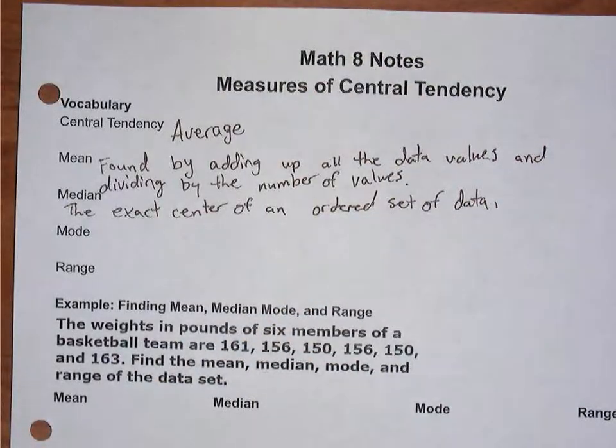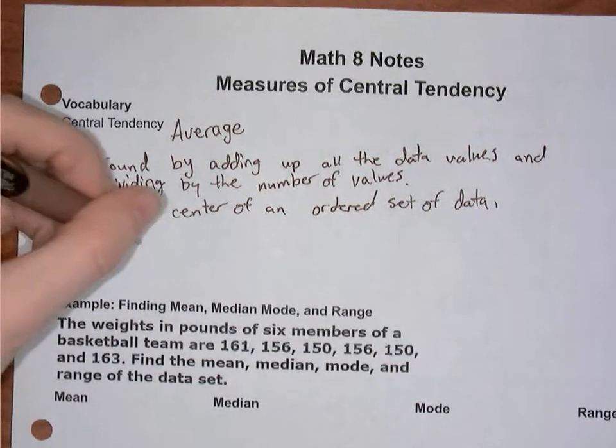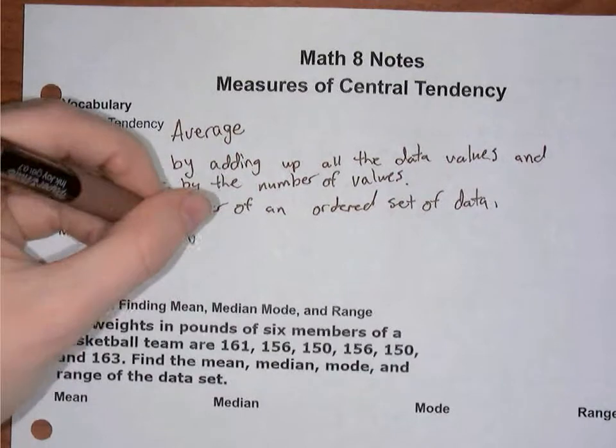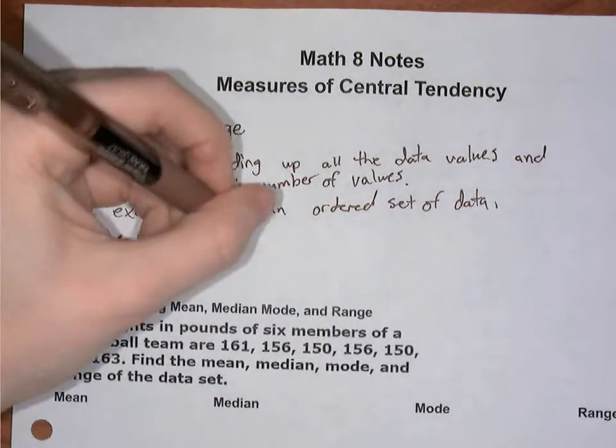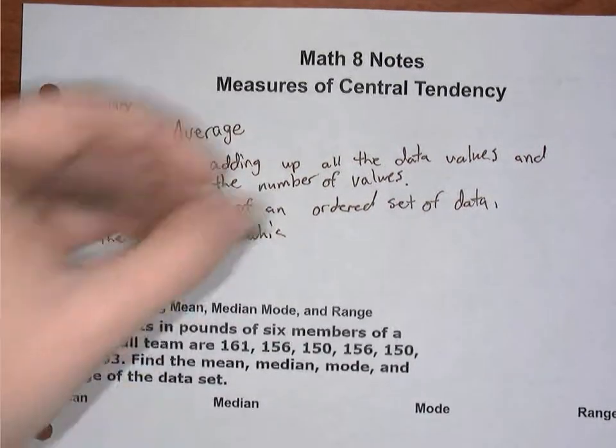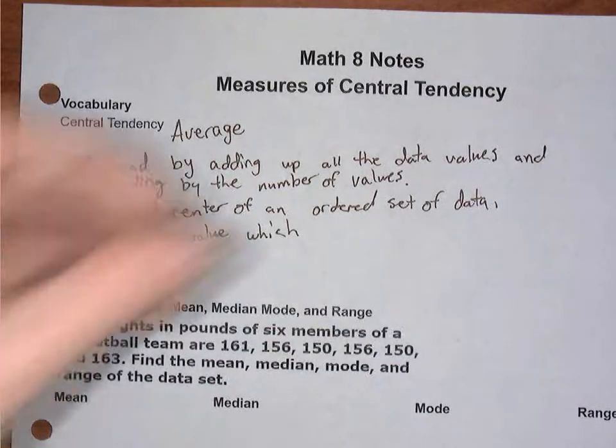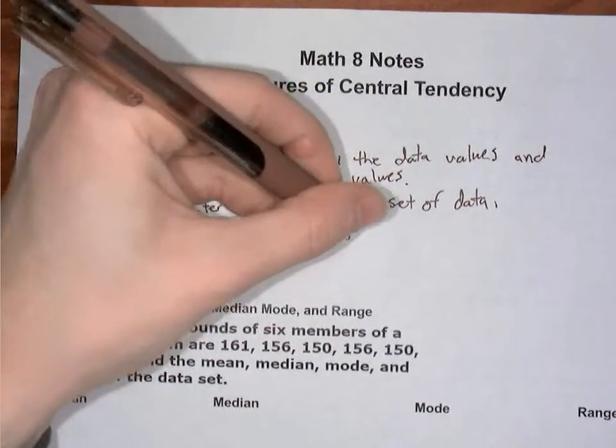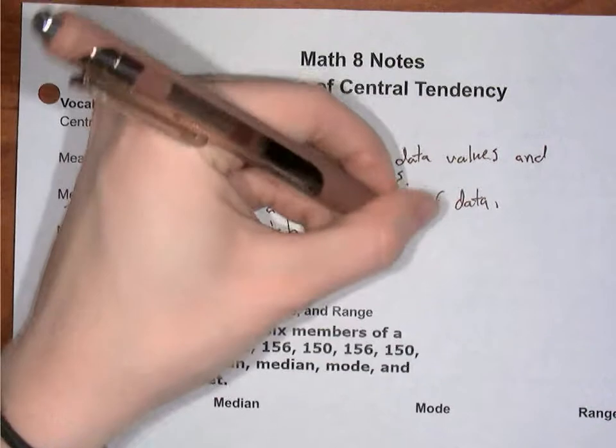Alright, then we've got the mode. This is the one that we think about the earliest when we're learning math. The mode is the data value that occurs the most often.